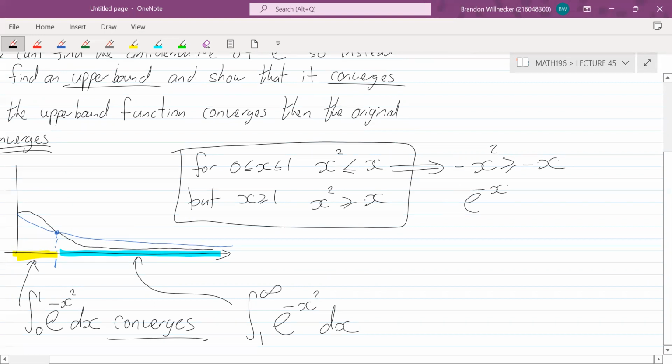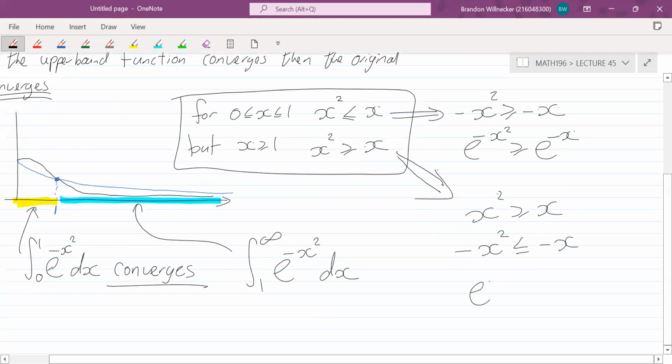So e to the minus x squared is greater than or equal to e to the minus x. So this was from 0 to 1. But if we look at the other one, where x squared is greater than or equal to x, then minus x squared is less than or equal to minus x. So e to the minus x squared is less than or equal to e to the minus x. So that means e to the minus x is the upper bound in this case.